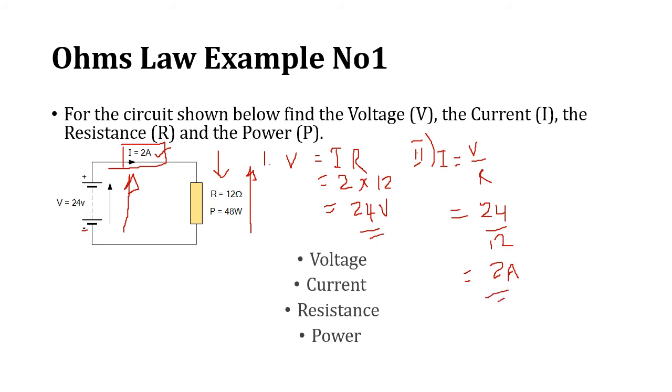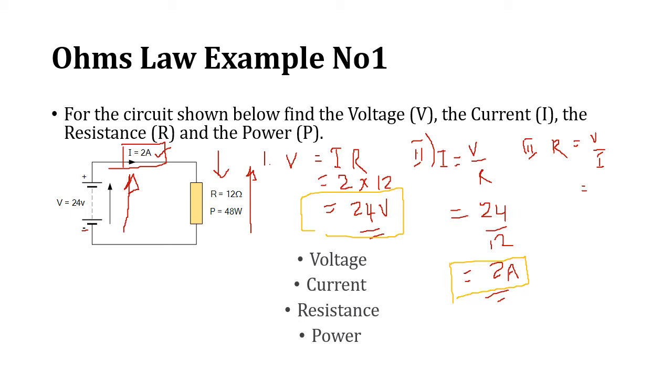Okay, let's find the resistance. To find out the resistance, R will be equal to V upon I. According to this Ohm's law, we can simply find the R. R will be equal to V upon I. Here the voltage we already know, 24 volts, and the current also we have found.